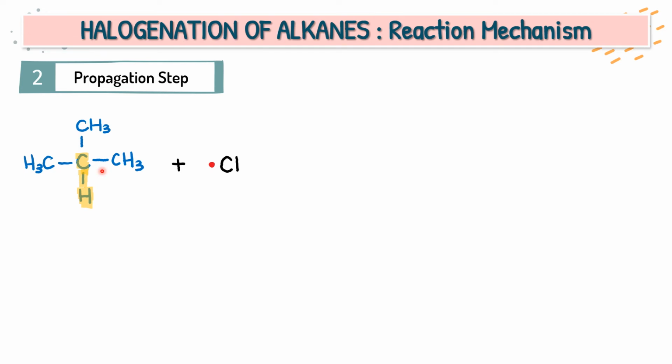The others we will not disturb, we will just leave them. So, what happens here is, when the chlorine radical approaches, this carbon hydrogen bond will be disrupted and homolytic fission will happen, homolytic cleavage will happen. One electron from the bond goes to carbon and the other one goes to hydrogen.